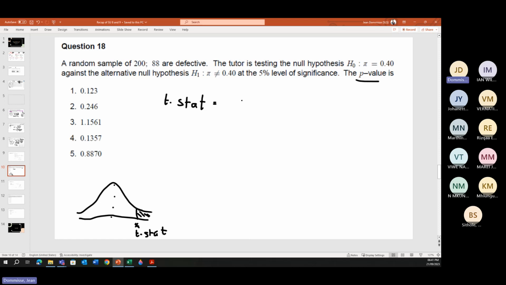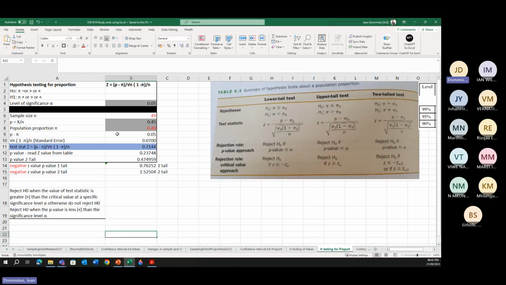So we need to remember this formula again, and remember the component below the line is also the standard error. Okay, so we would have used that. So let's quickly check if we can use this.